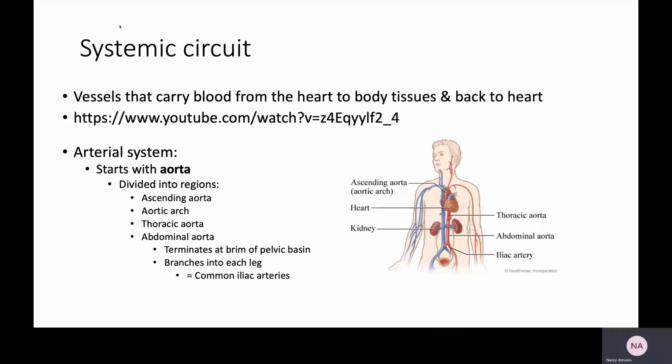In turn, that is divided into two parts, the thoracic aorta, which at the diaphragm changes into the abdominal aorta. The abdominal aorta is going to end at the brim of the pelvic basin. It will branch there into the legs, into the common iliac arteries, one on the right, one on the left.